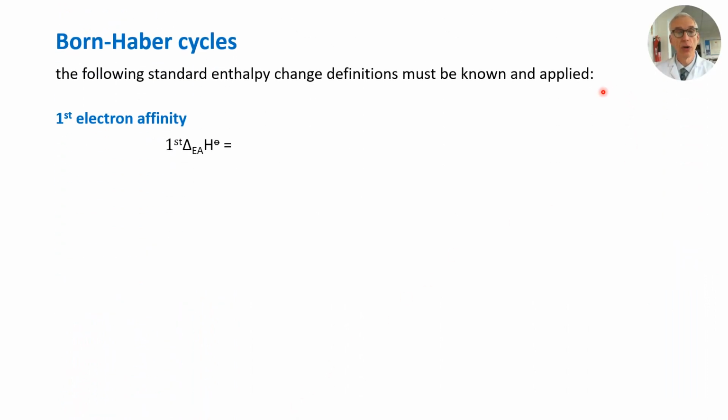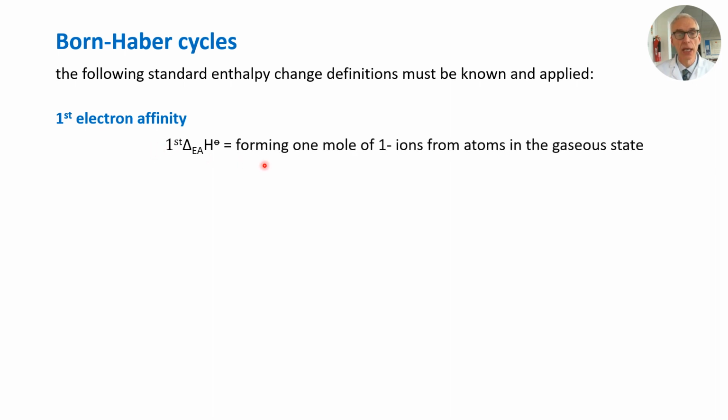Okay, so we're going to move on to an enthalpy change definition, which you probably haven't met before, which is the idea of electron affinity. So we have first electron affinity. I'm going to define it for you. It is the enthalpy change on forming 1 mole of 1 negative ions from atoms in the gaseous state.